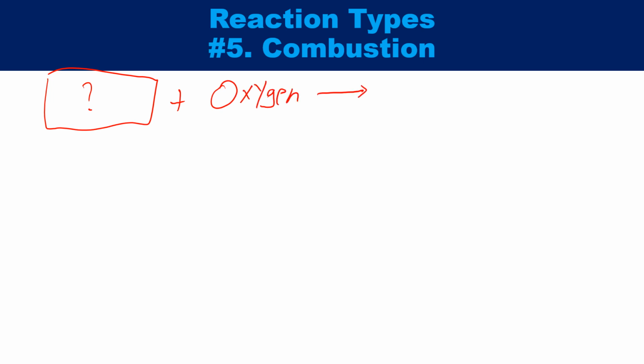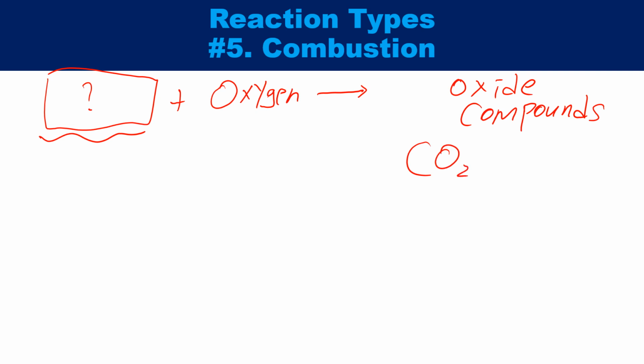That will create some kind of oxide compound. Normally it's more than one, so I'm going to put multiple, and it really depends on what makes up our reactants over here. So for example, if I have carbon, then carbon and oxygen will make CO2.